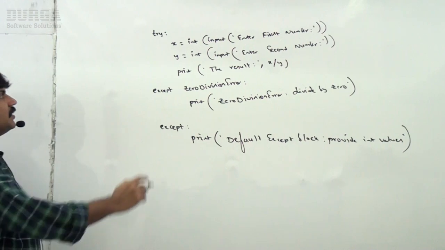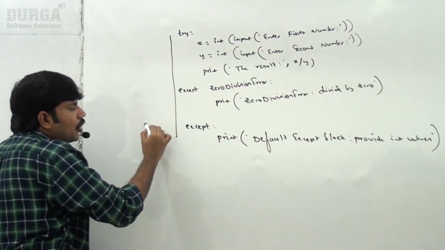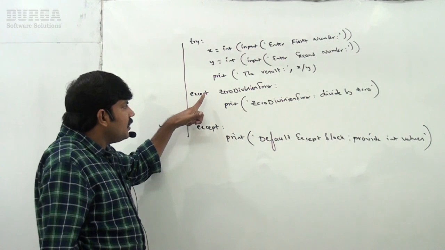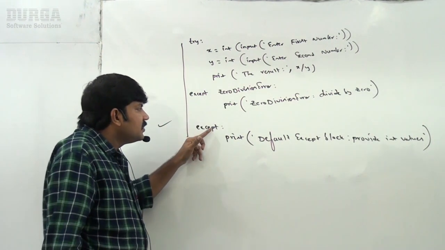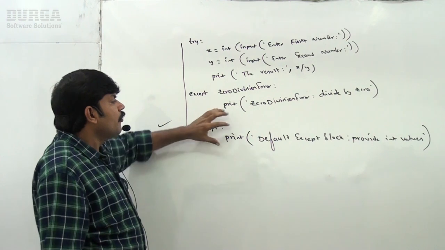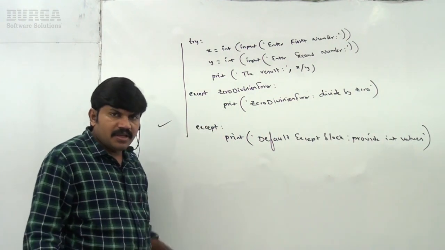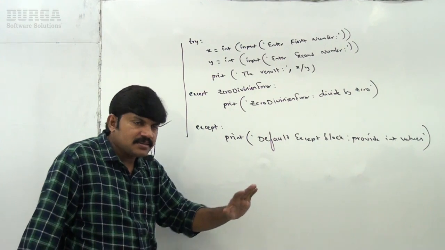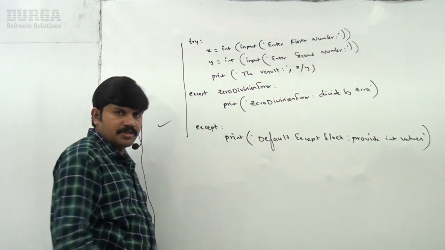Now here, how many except blocks are there? Two except blocks. One is ZeroDivisionError, the second one is the default except block. If ZeroDivisionError occurs, this except block is responsible.